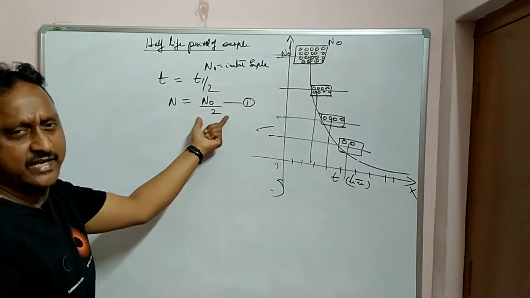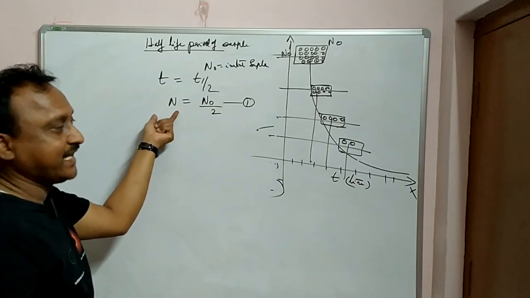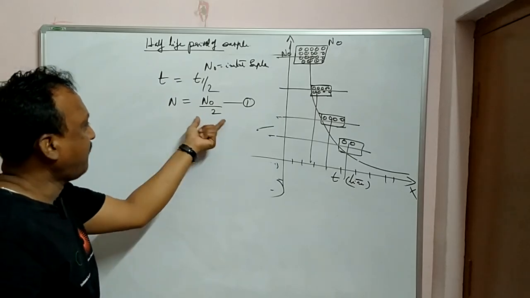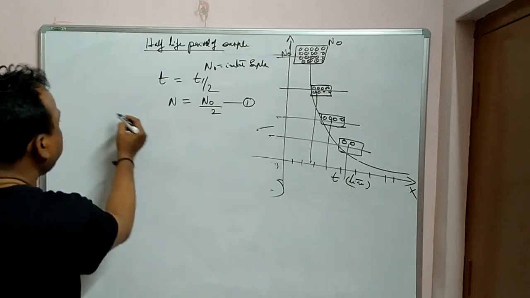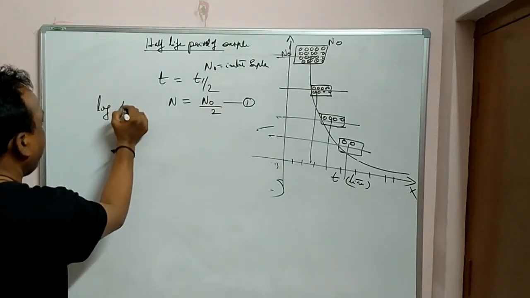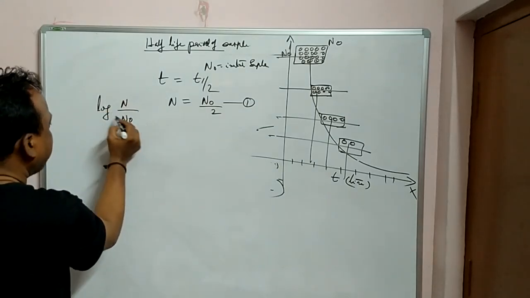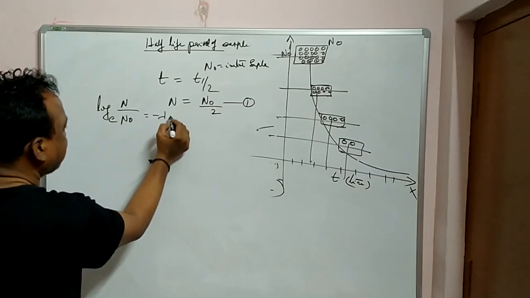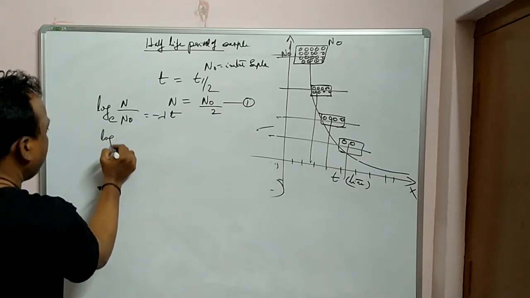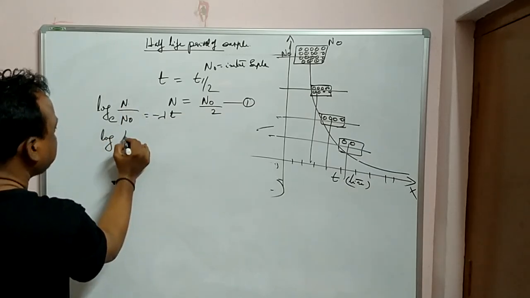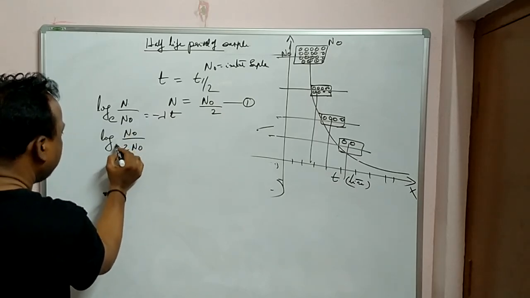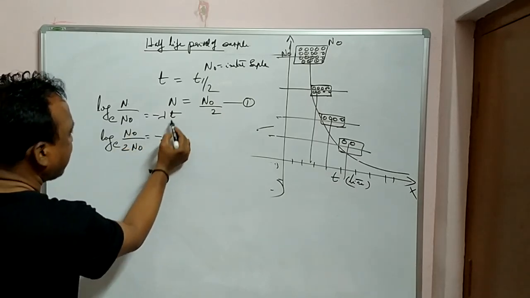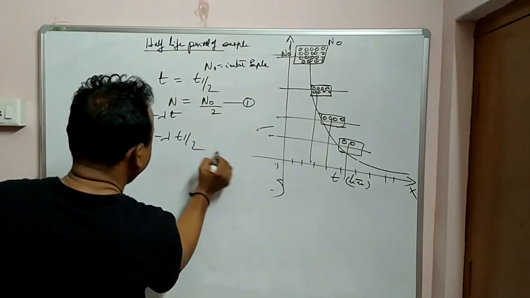To become half of the initial value, N is what? N undecayed. To become half of the value, let the time be T half. Now put this in your logarithmic form. Log N by N0 base e is minus lambda T, where N is N0 by 2 and the time is T half.